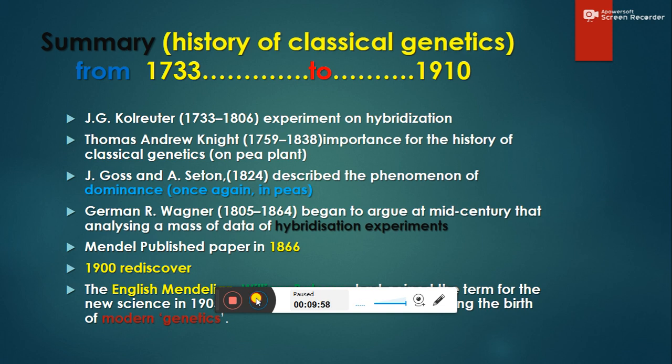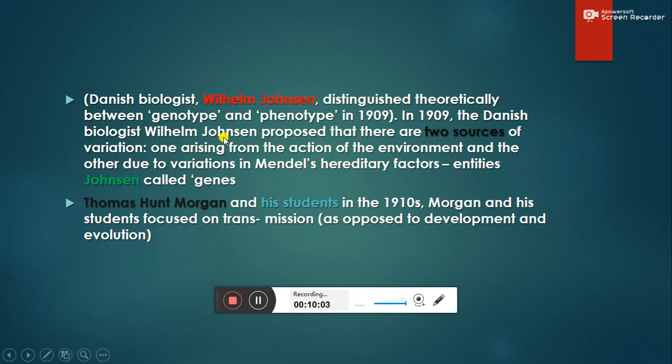Modern genetics is all about classical genetics. And Danish biologist William Johannsen distinguished theoretically between genotype and phenotype in 1909.